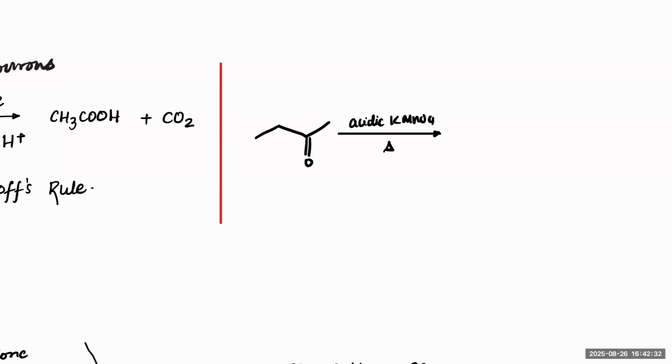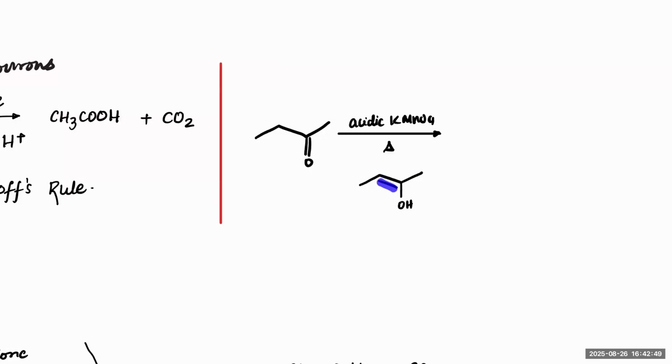With strong heating, you first imagine it in terms of alcohol. So you can put this as OH, correct? But enol form. Enol means the double bond can come here or the double bond can come here, right?